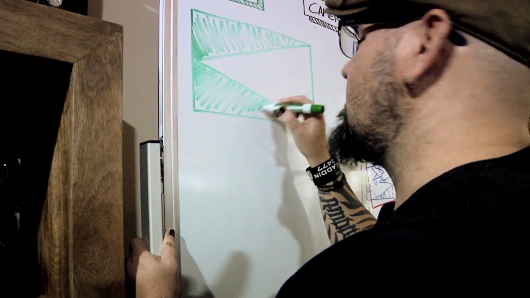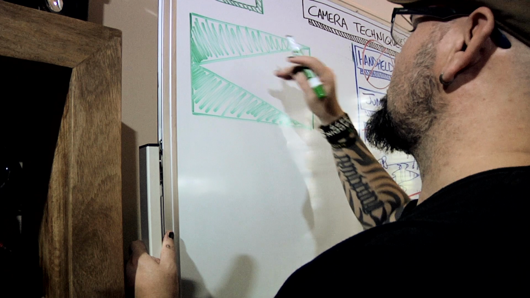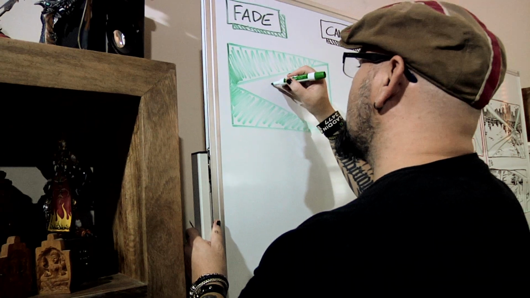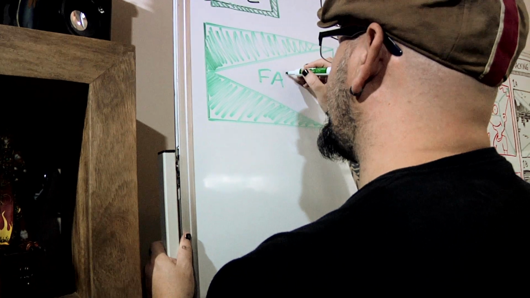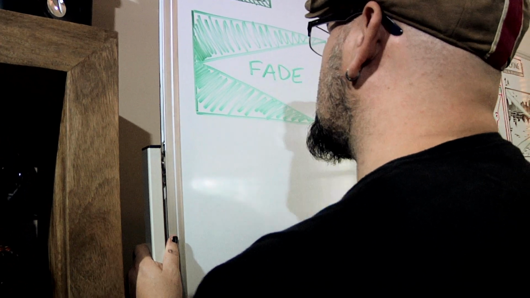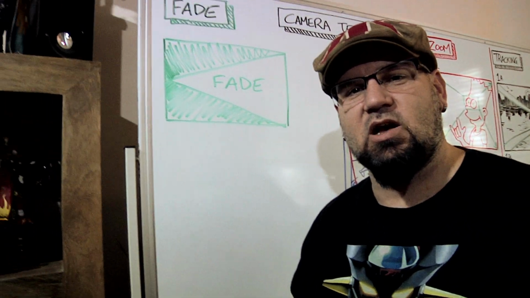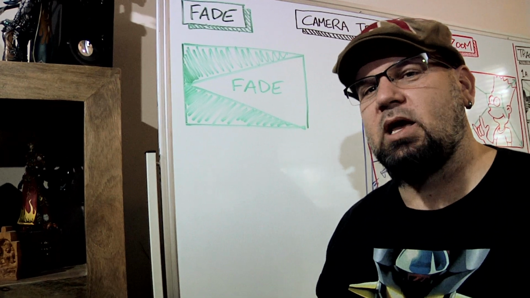You would want to make this look nice and neat. But what happens is you've got this triangle that's left over. You simply have to write the word fade. Anyone in the industry looking at this would know that this is fading in as opposed to fading out, and I'll tell you the reason why in a moment.